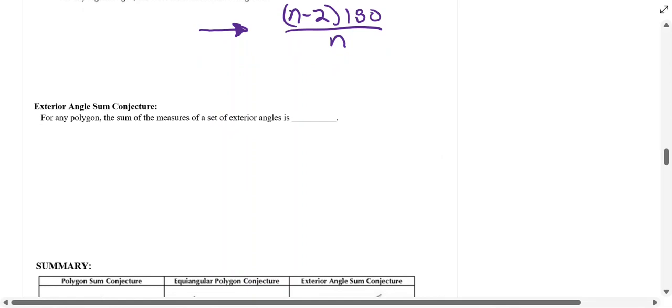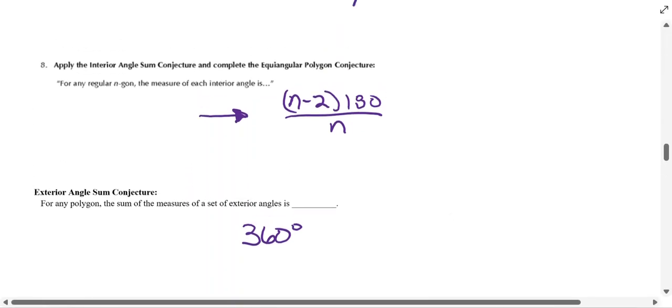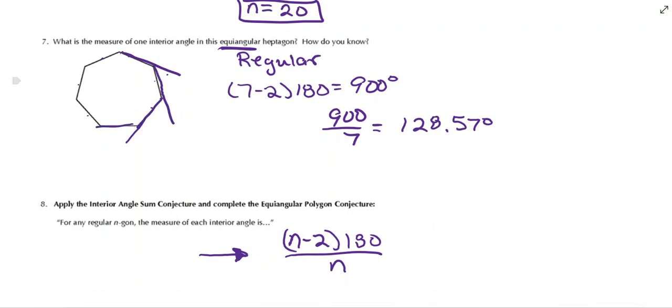It doesn't matter how many sides there are or how many angles there are in a polygon. The exterior angles will always add up to be 360 degrees. If I look at this picture here and extend the sides, the exterior angles we are looking at are right here.